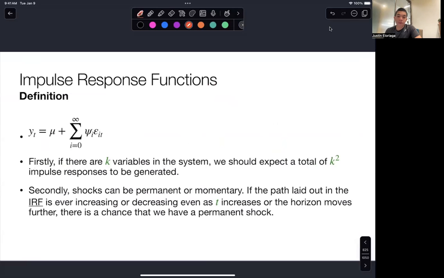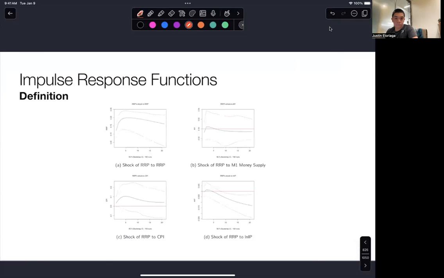Secondly, shocks can be permanent or momentary. If the path laid out in the IRFs is increasing or decreasing as t increases, or the horizon moves further, then there's a chance that we have a permanent shock. Although this is quite rare, because in economics we generally expect things to go back to their steady state. So these are examples of the IRFs, right? This thing here is like a steady state.